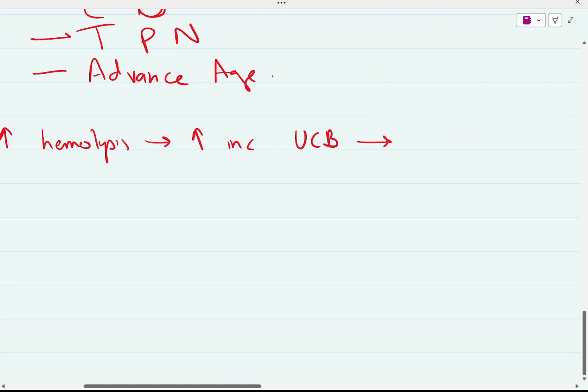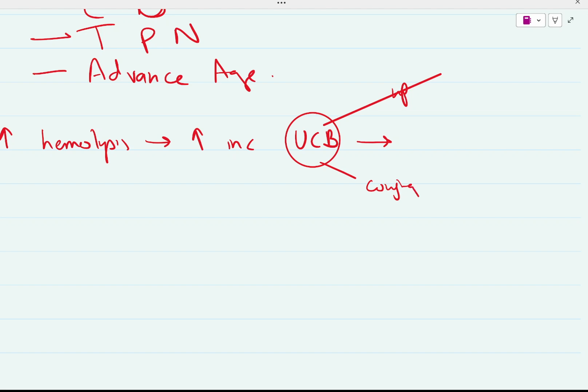This unconjugated bilirubin is uptaken, and there are two ways. Either it can be absorbed, or it can be conjugated. So there are two pathways of unconjugated bilirubin to choose. When there is increased formation of unconjugated bilirubin, there will be increased uptake or more conjugation.